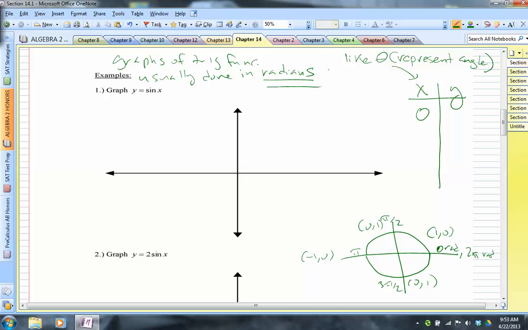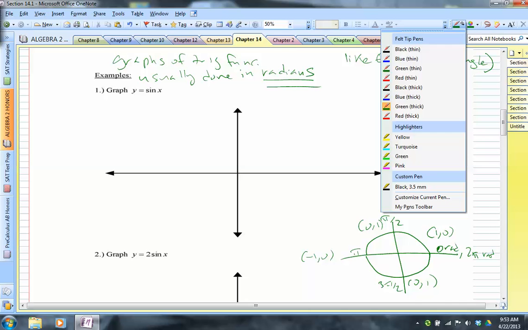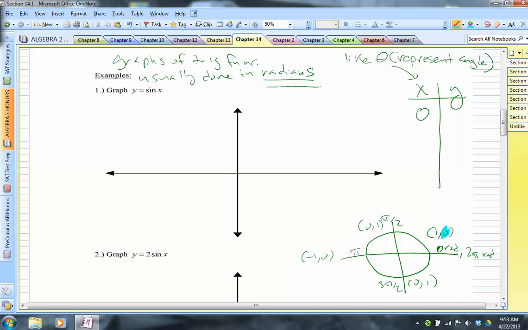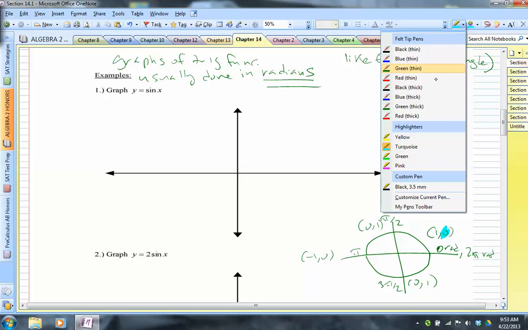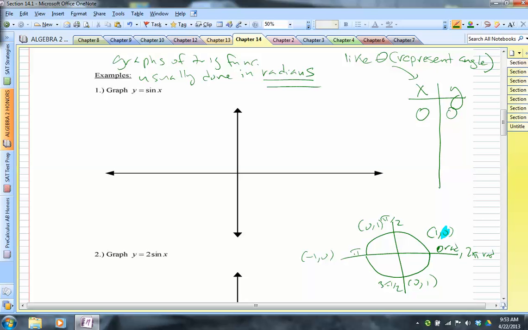So for example, when I have 0 radians, the sine of 0, if we look at the unit circle, because we want to look at the y-coordinate when using the unit circle, is 0. So I'm going to have 0, comma 0 as one of my points.